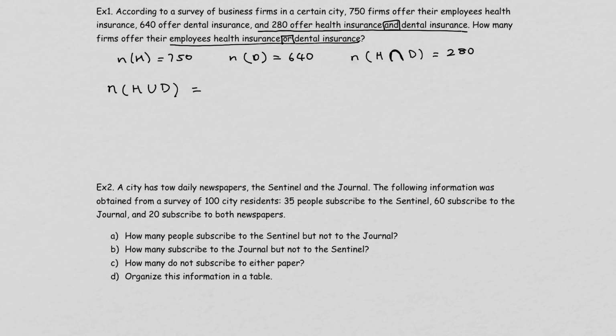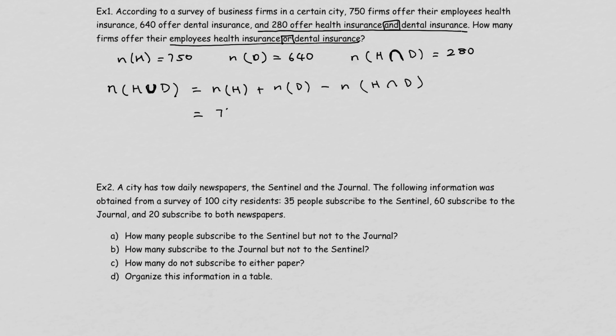Remember from previously, what was the formula for it? The formula was the number of the first set plus the number of the second set minus the number of the intersection, in order to find the union.